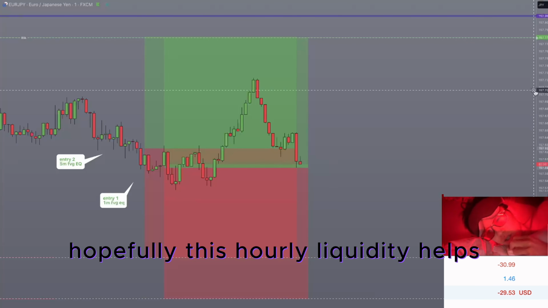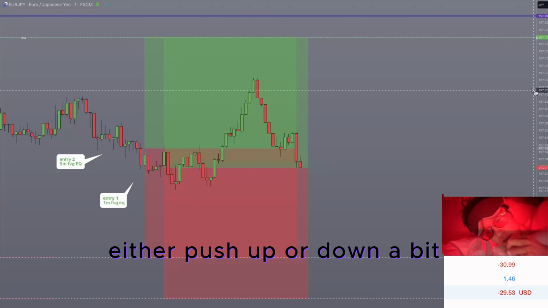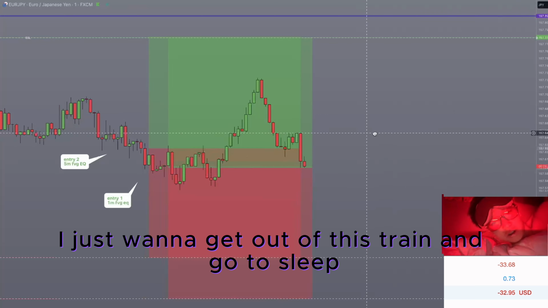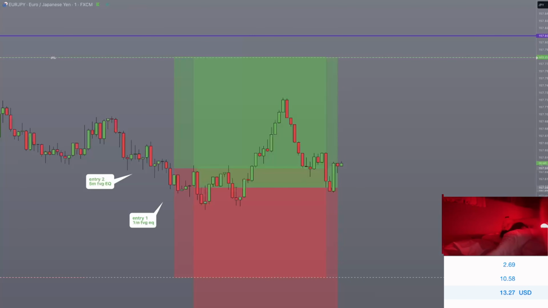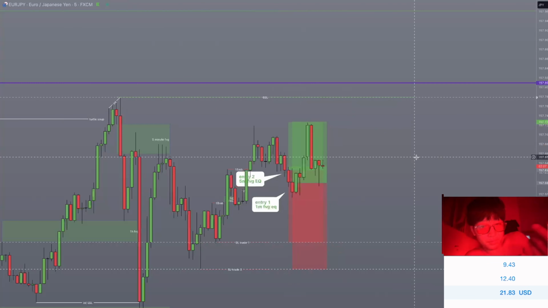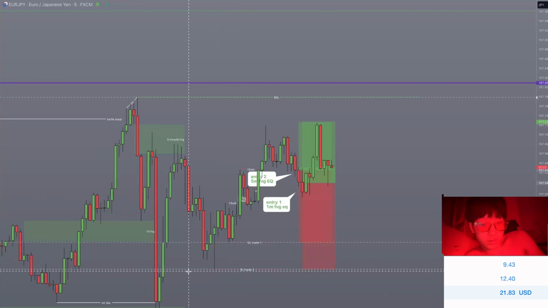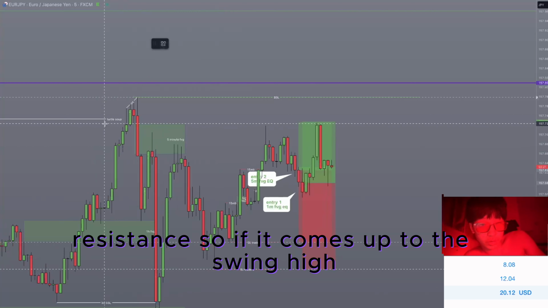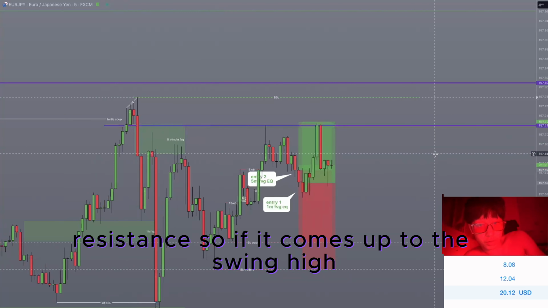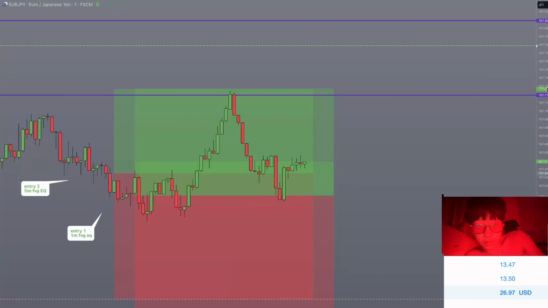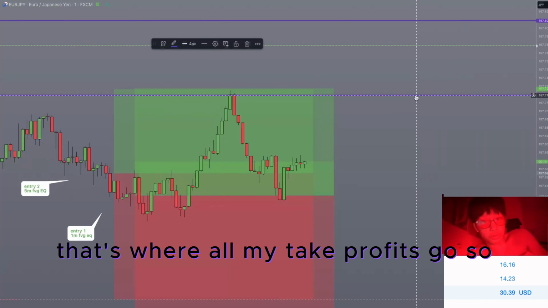Hopefully this hourly liquidity helps either push it up or down a bit. I don't really care. I just want to get out of this trade and go to sleep. I'm moving my take profit to this level of resistance. So if it comes up to the swing high, that's where all my take profits are going.